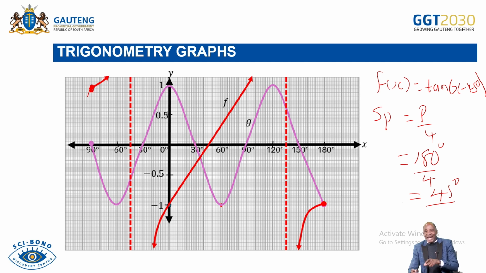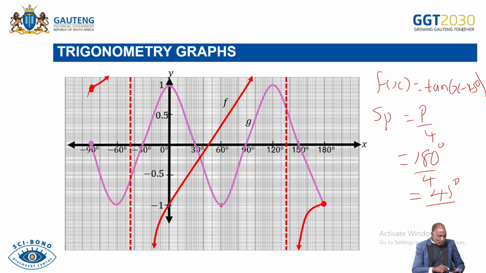So if you space it out now using 45, you'll be able to identify your lines of asymptotes. So you go back to that tangent graph and press table, then you get your function f of x, and you feed the function tan x minus 45 degrees, and then say equals, from negative 90 degrees, then end at 180 degrees.